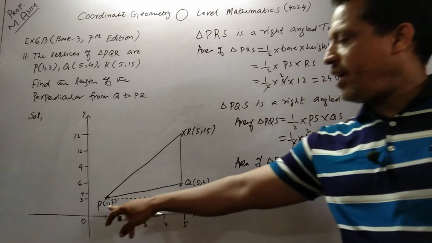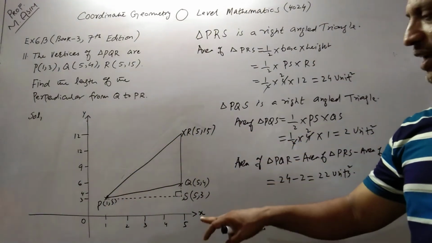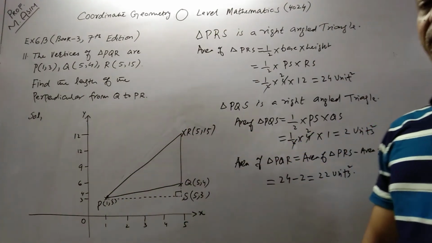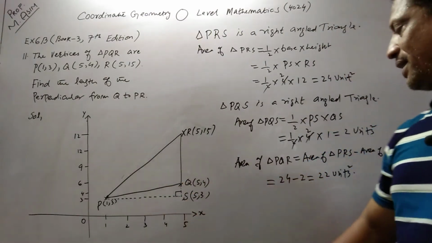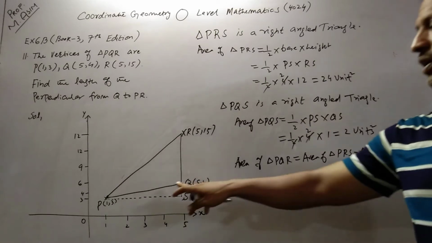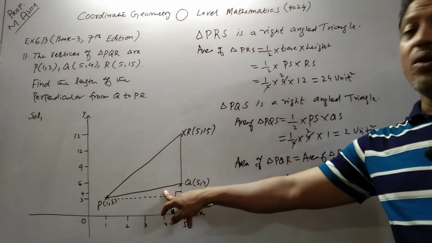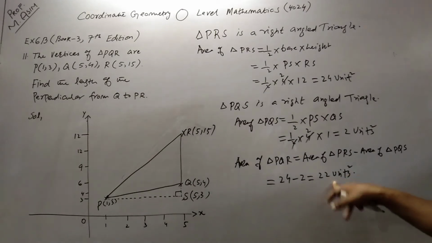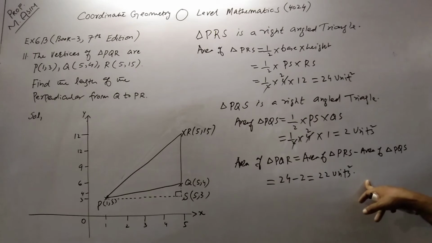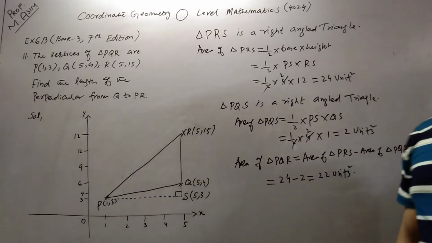First, find the area of this big right angle triangle PRS, then find the small right angle triangle PQS, and then subtract the area of the small right angle triangle from the big right angle triangle, which is equal to 22 units squared.